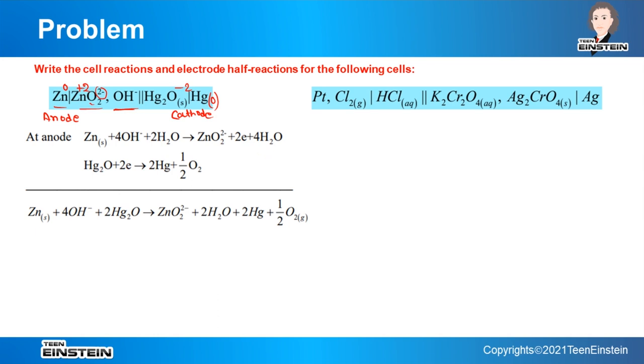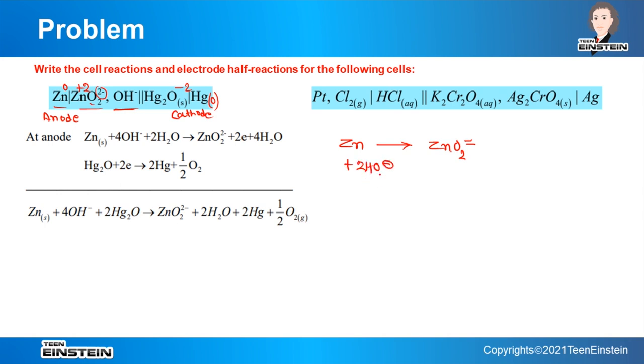Okay, now if you are wondering how we can get it, then it will be like this. Suppose we first write Zn, and then it is converted to ZnO2 2 minus. Now when you have written ZnO2 2 minus, to balance the oxygen atoms we have to add 2 HO minus.